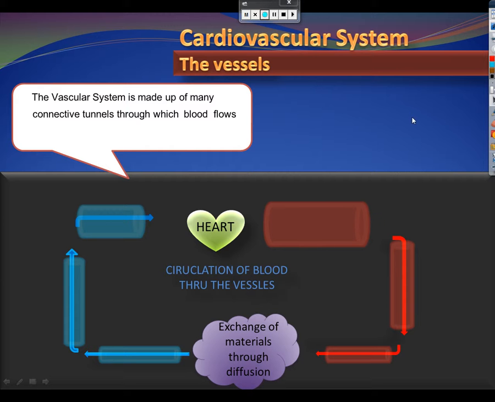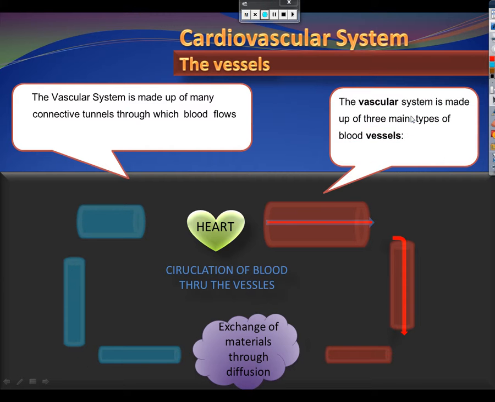Now let's talk about your blood vessels. You have three main types of blood vessels: your arteries, your veins, and your capillaries. I went through them by size. Your arteries are your largest ones.